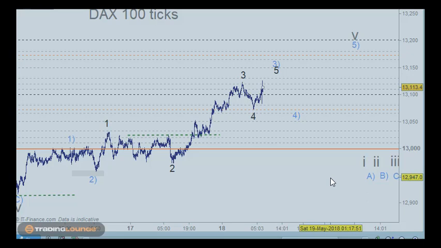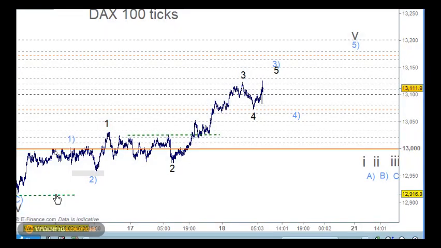Okay, and also, of course, if you're looking for other entries, then taking the top out here is fine. Also buying on the back over here as well.